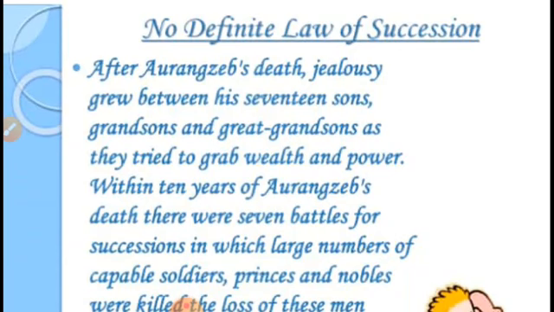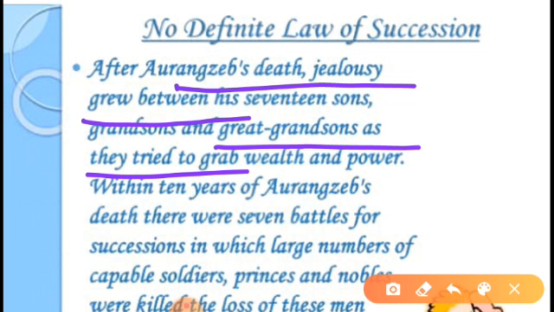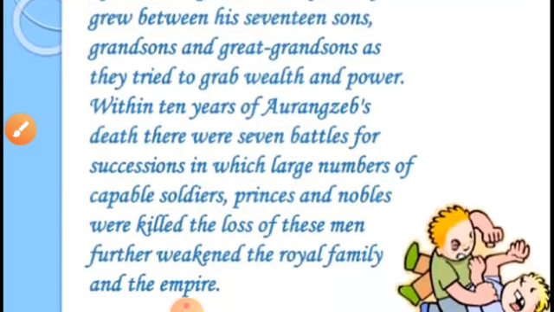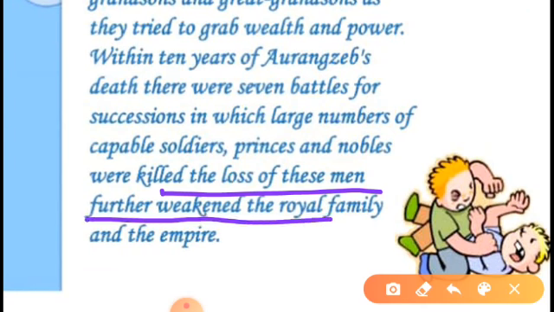No laws of succession. After Aurangzeb's death, jealousy grew between his sons, grandsons and great-grandsons, as they tried to grab the wealth and power. Within ten years of Aurangzeb's death, there were seven battles for the succession, in which a large number of capable soldiers, princes and nobles were killed, and this loss further weakened the royal family and the empire.